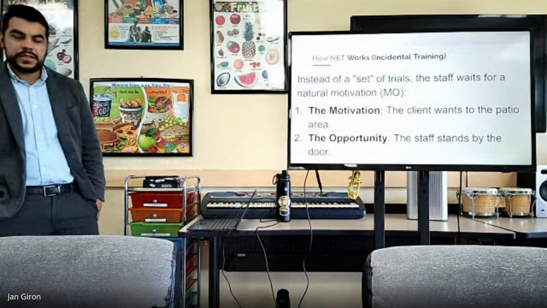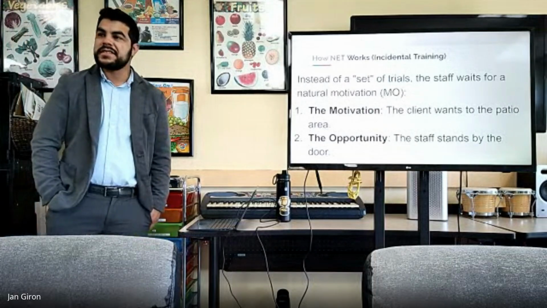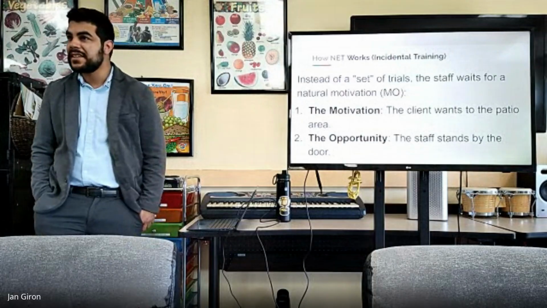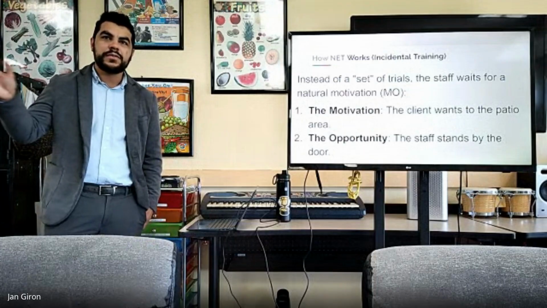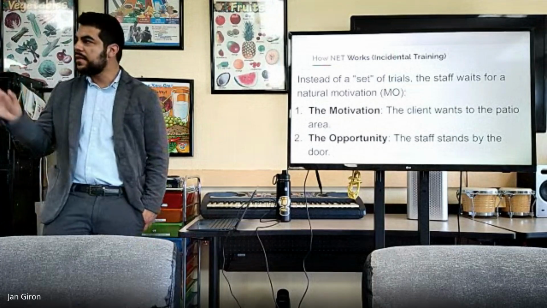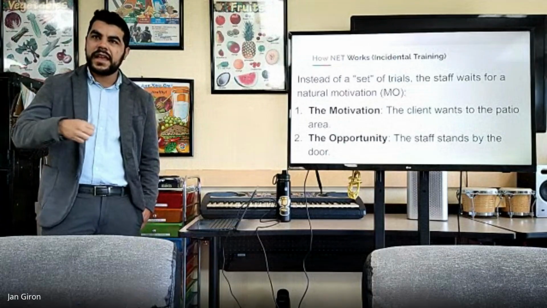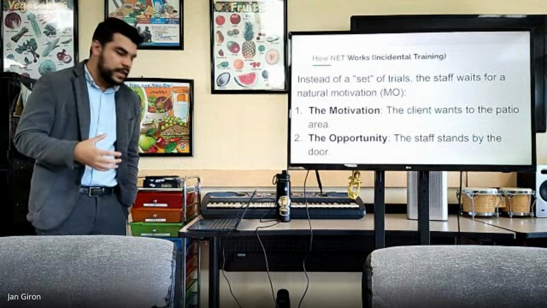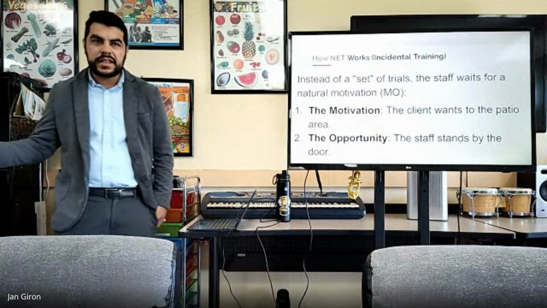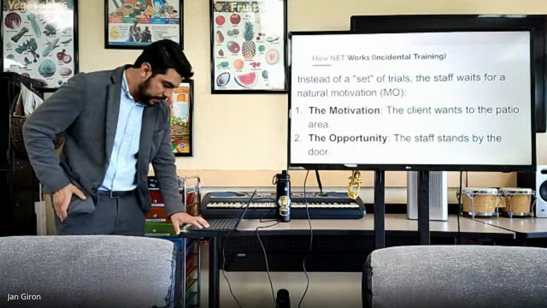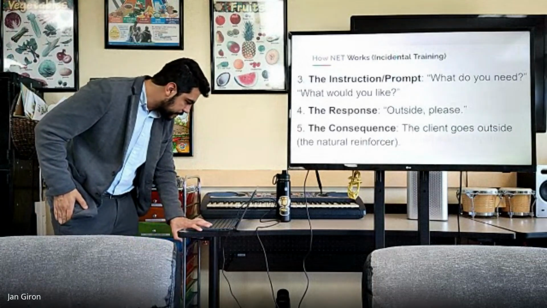The way we would want to run this is to simply wait for them to demonstrate their interest in going outside, whether or not they're looking outside to the window or the door. If those signs are there that there is that desire to go, then we know what to do. Then presenting the opportunity by either standing next to the door or next to them, for that matter.